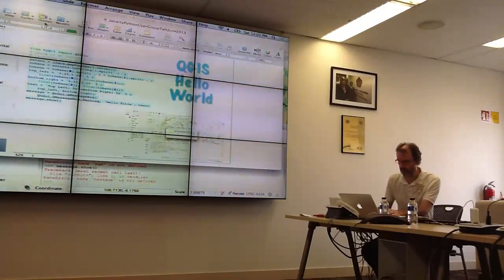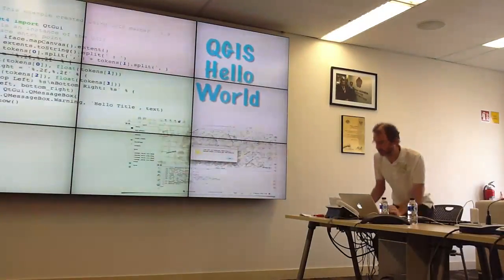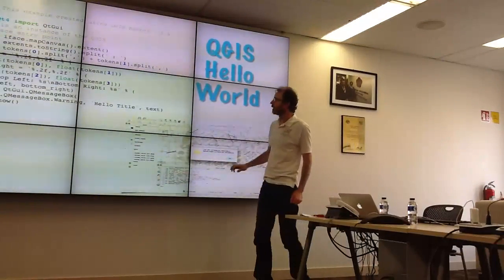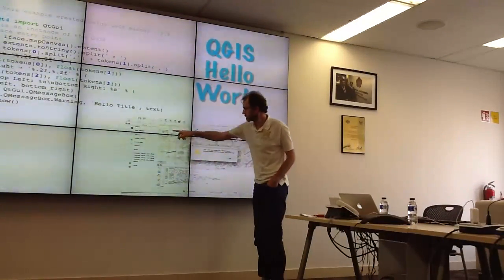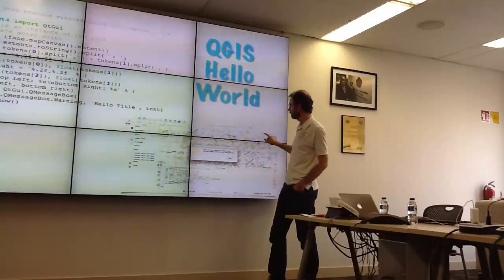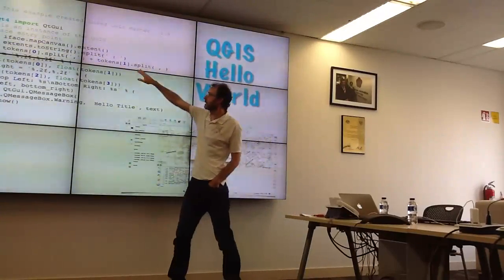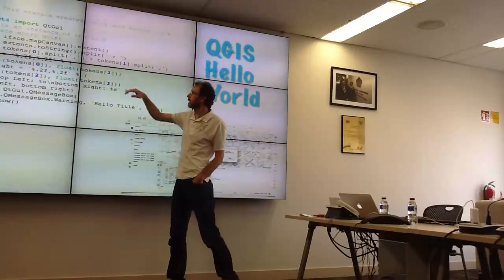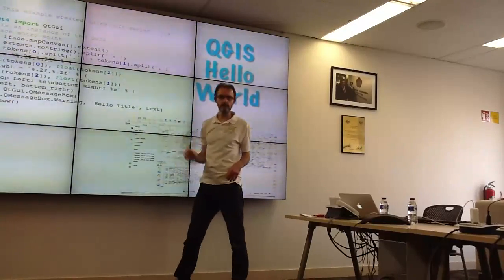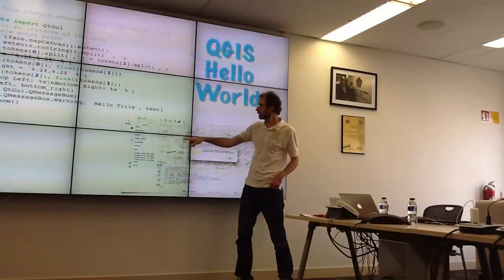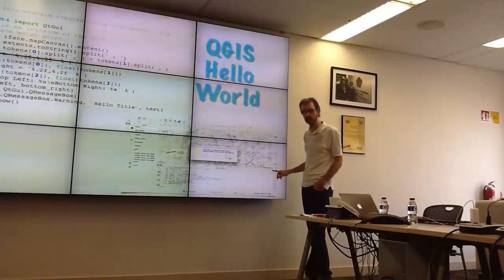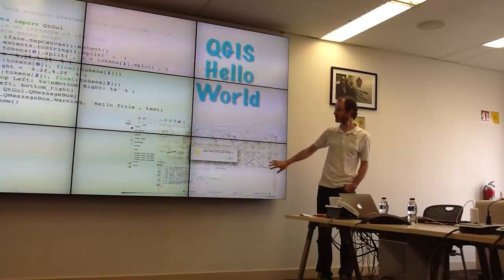I'll just show you on my slide because I'm going to get sidetracked otherwise. But basically what I'm doing is I'm asking this thing called the map canvas for its extent, and then I can say split the extent. The extent is basically the top left and bottom right corners in geographical coordinates of the map.